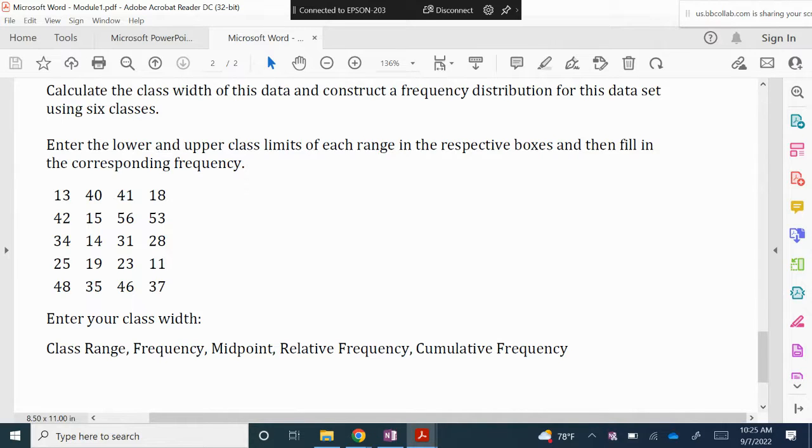So first I'm going to start off with the class width. You want to take the maximum value minus the minimum value and divide by the number of classes. So we're going to have data right here.